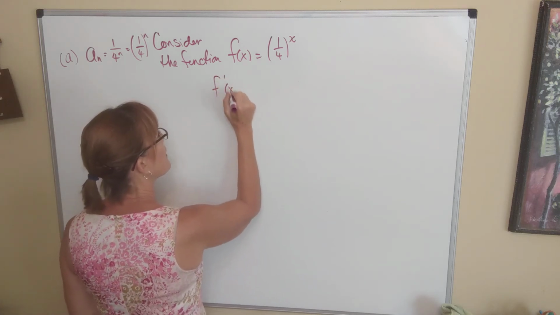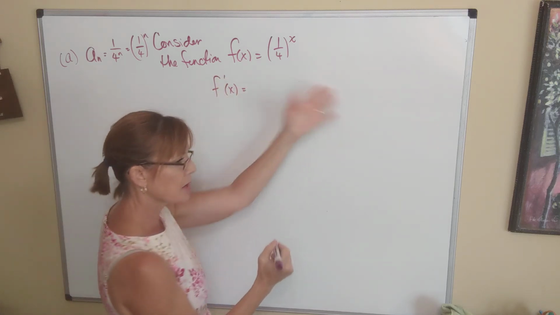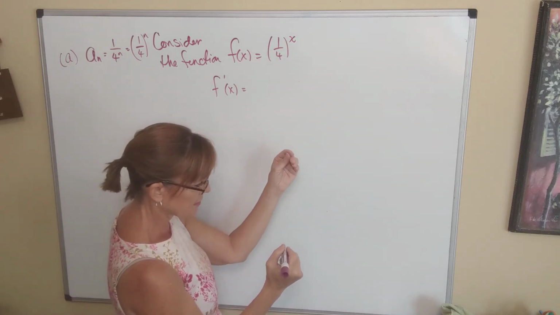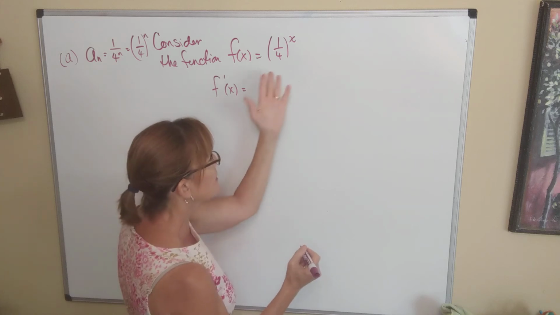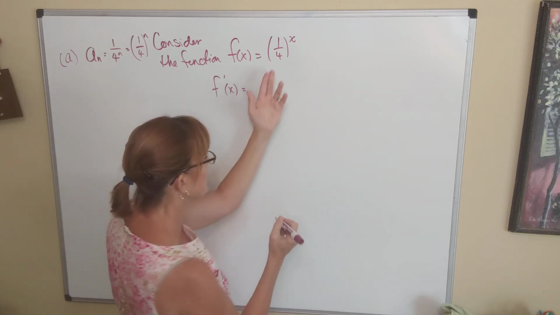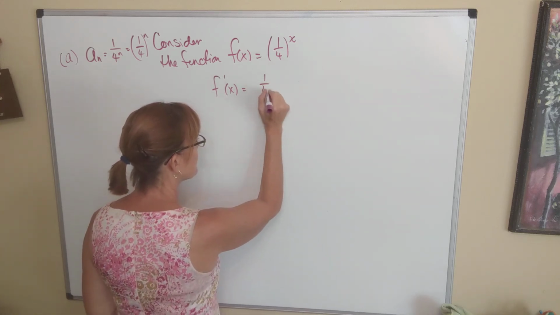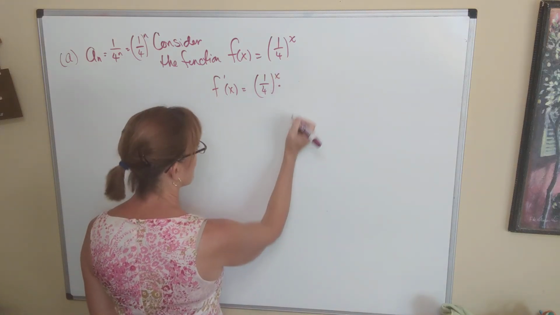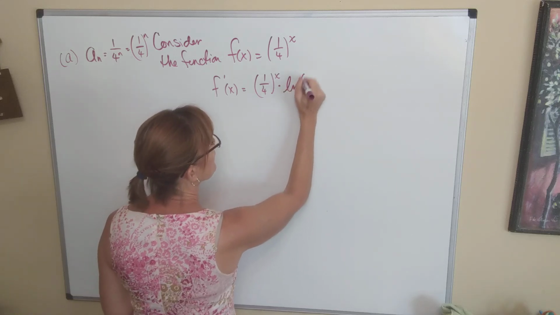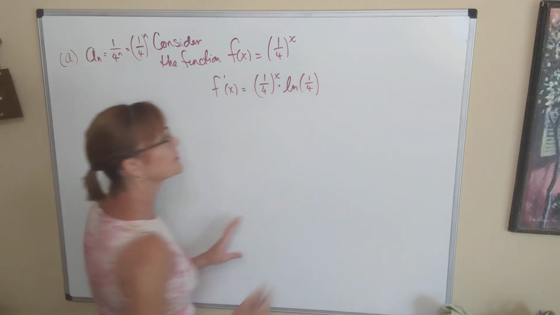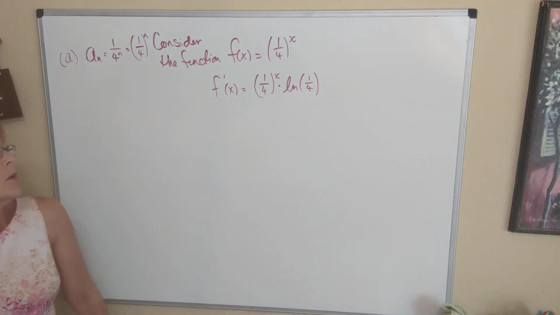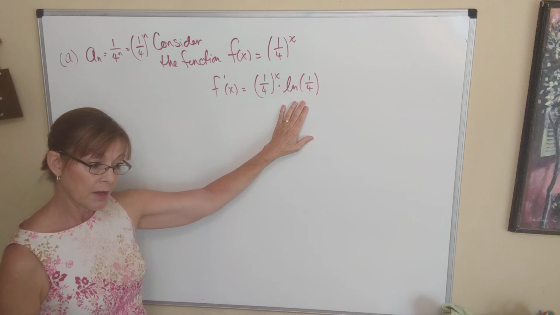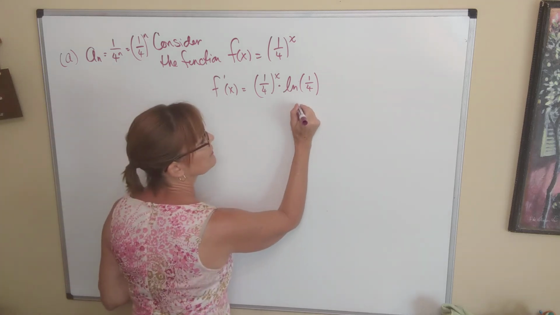f prime of x is, if you had e to the x, the rule is it's just e to the x, right? But this is not the base e. So what we do is we still say its derivative is 1/4 to the x, times the natural log of the base that's being raised, times the natural log of 1/4. All right. Well, the natural log of 1/4, if you put that in your calculator or if you look at a graph, is going to be a negative value.